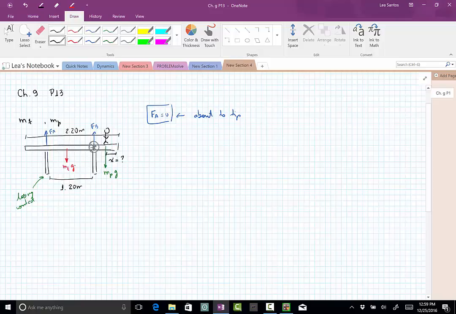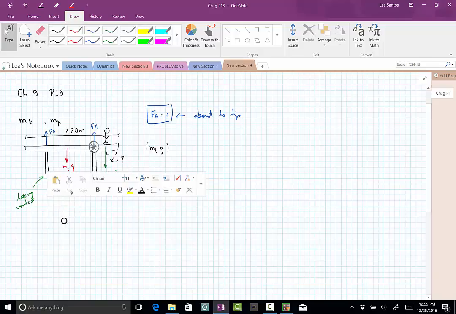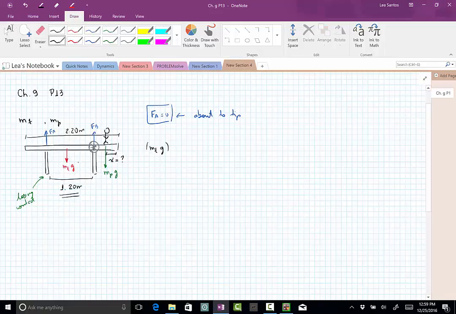Well, the weight of the table is trying to rotate it counterclockwise according to that point. So I'm going to put here the torque is going to be that weight. The distance from that point, since this is 1.2, this distance here will be 0.6, so 0.6 meters. So trying to go counterclockwise, that's why it's positive.